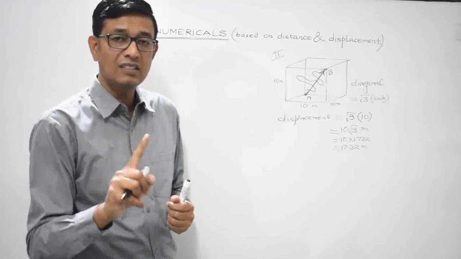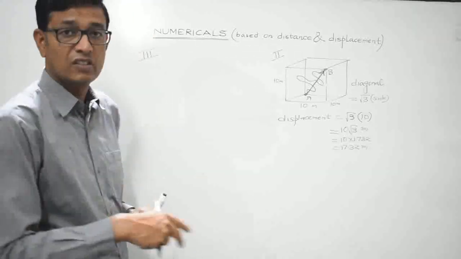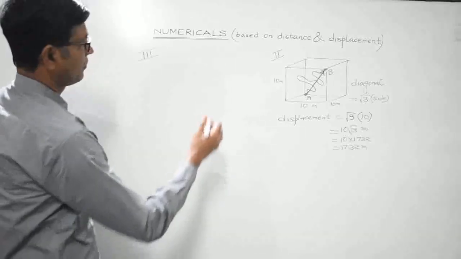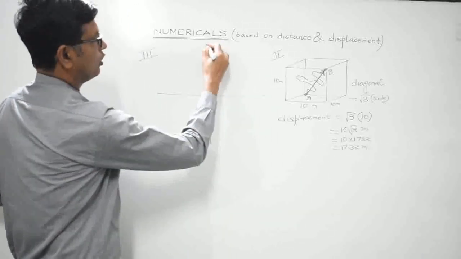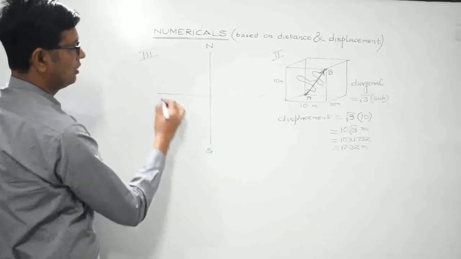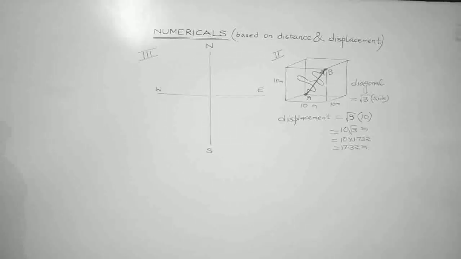What will be the distance and the displacement covered by the body? Let us represent it diagrammatically. So, this is north, this is south, this is west, and this is east. Now listen to the question.